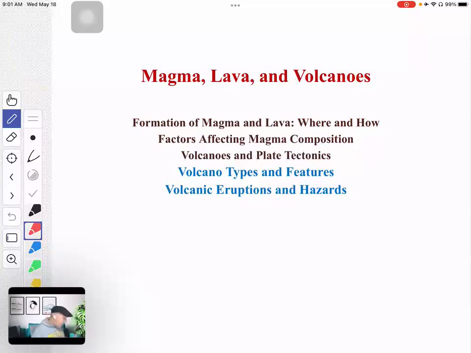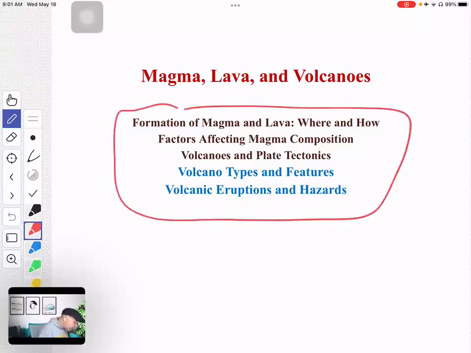The physical expression of magma reaching the surface is a volcano. So we're going to look at different types of volcanoes and volcanic features, and look at eruptions and hazards from those eruptions.